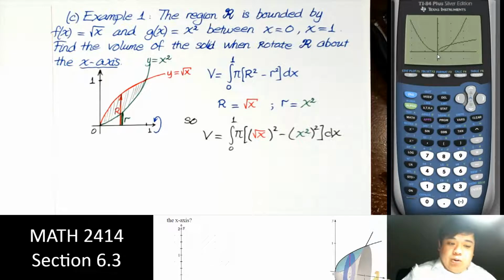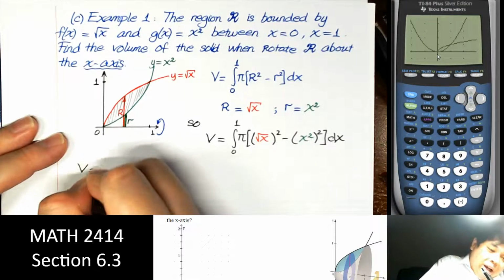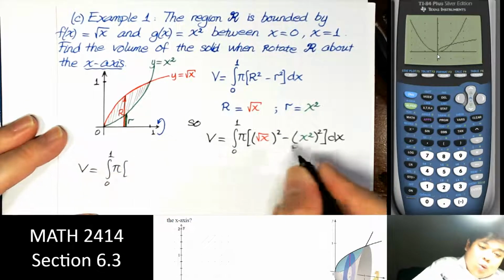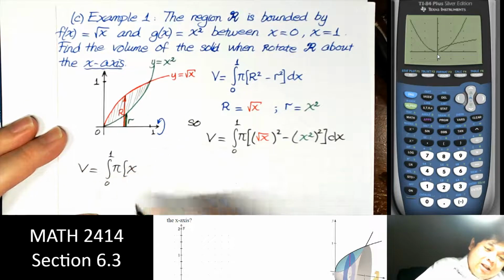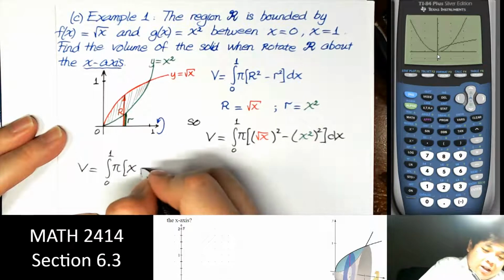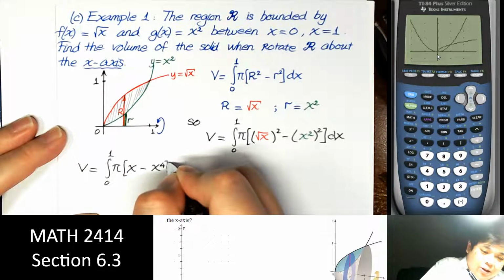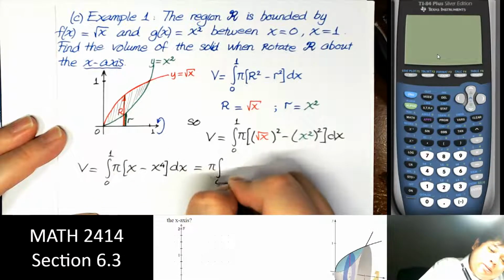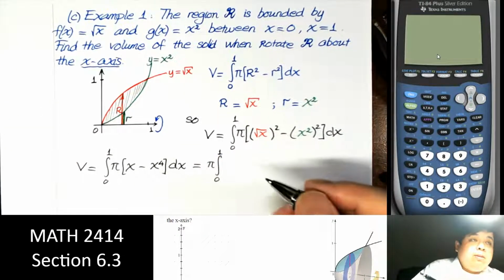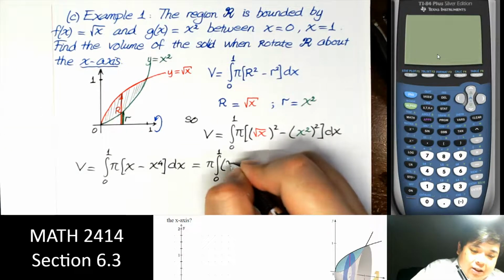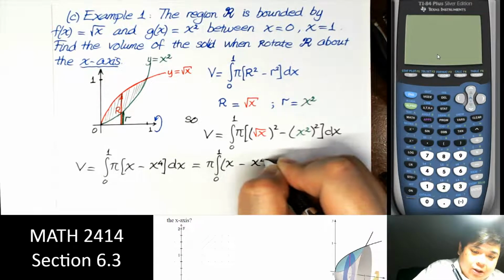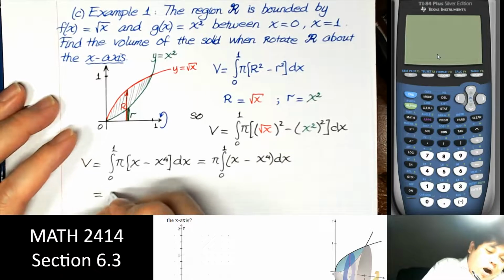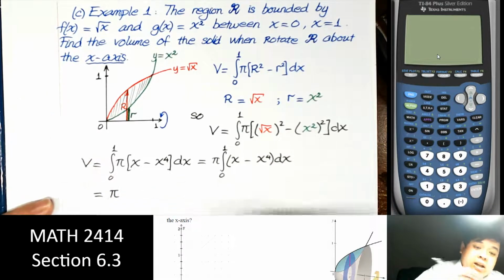Right. So this one is simple enough. I'm going to do that by hand. Square root of x squared is just x, and x squared squared again is x to the 4th. Can take the pi outside. So we have x minus x to the 4th dx. I will not involve the pi in any calculation until the end.